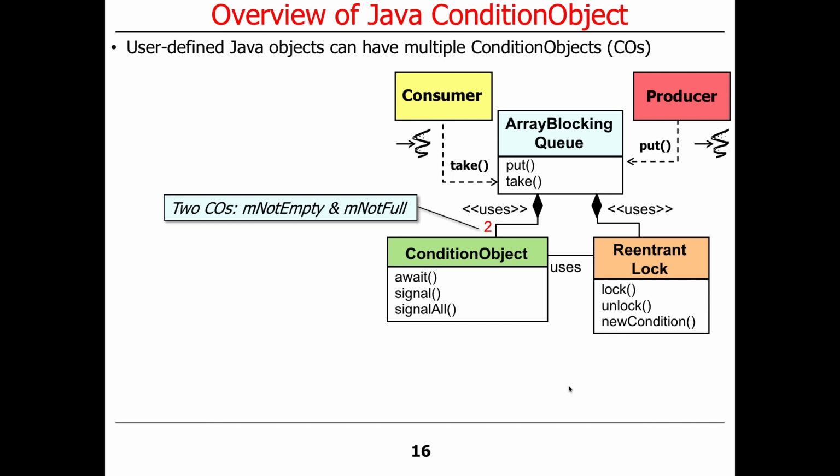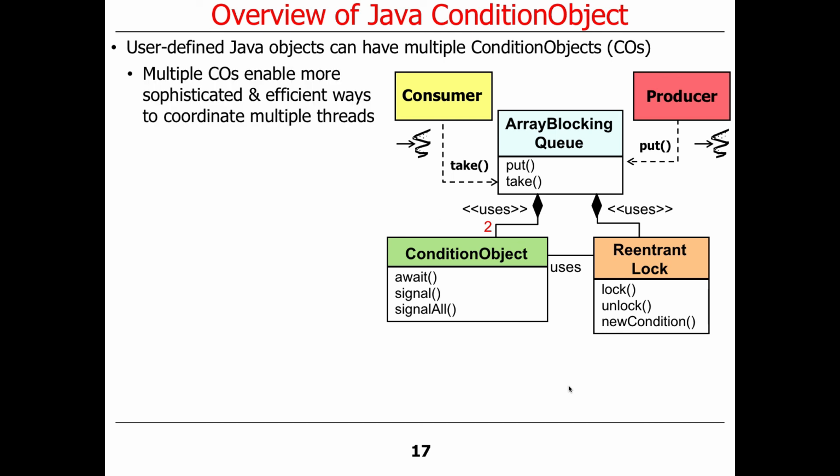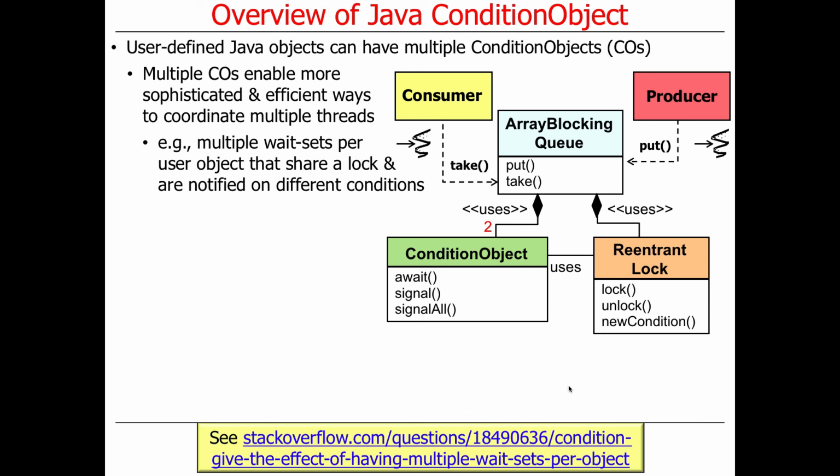And this turns out to be one of the benefits of using condition objects: you can have multiple of them per user-defined object. And this is good because it allows us to do more sophisticated and more efficient ways to coordinate the interactions of multiple threads versus something else we'll talk about in a second.